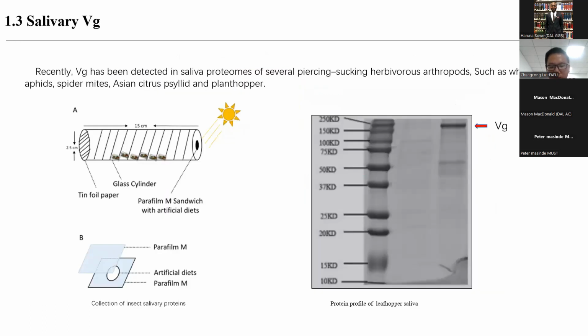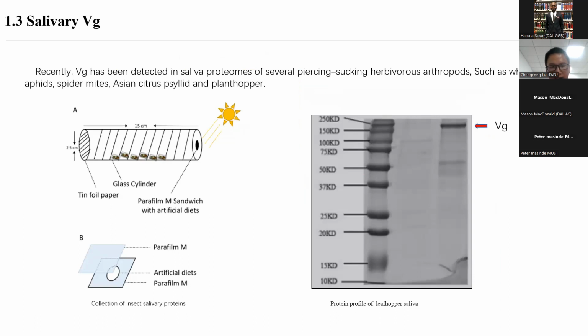Recently, VG has been detected in the salivary protein of several animals, such as whitefly, aphid, mice, and planthopper.